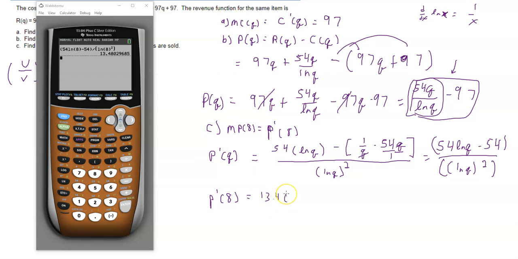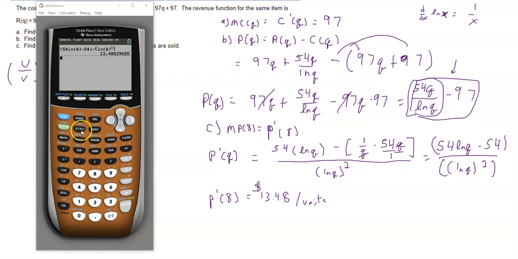I think my brain wanted to do 4 or 5, you know, because they come in order or something. Divided by, dollars per unit, right? That's my rate of change. If I'm producing 8 units, my instantaneous rate of change or marginal profit at that level is $13.48 per unit.